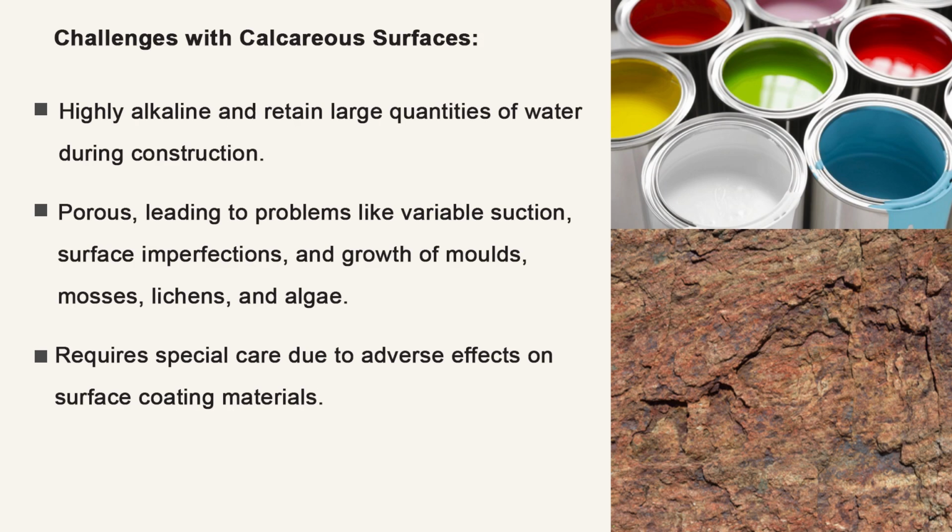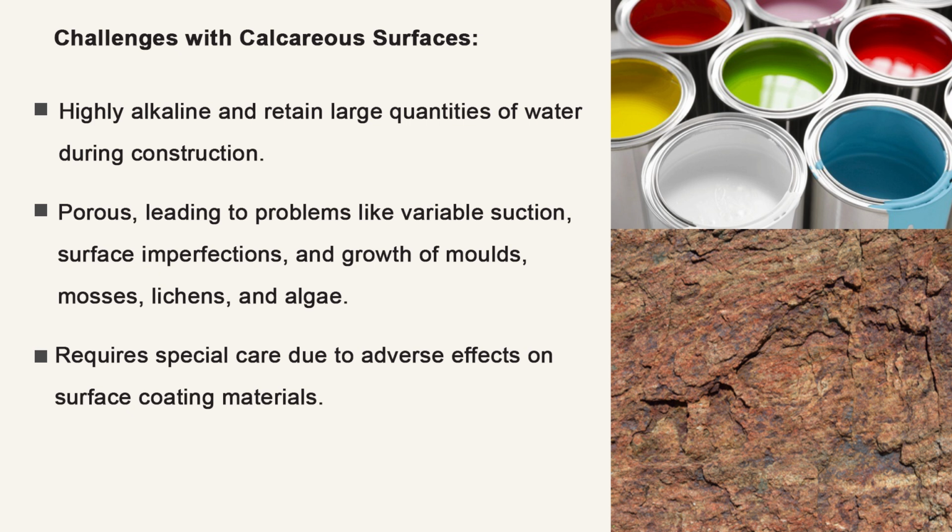But when it comes to calcareous surfaces like lime and cement plaster, things are quite different, because these surfaces are highly alkaline in the beginning stages and retain a lot of water during construction. So, when applying paint to these surfaces, it is important to consider the stored up moisture and the alkalinity.